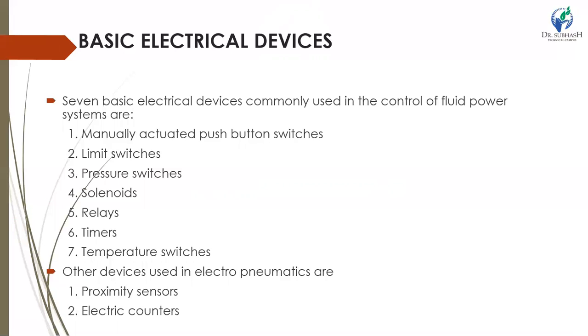chapter. Okay, so for basic electrical devices there are seven devices commonly used in controlling fluid power systems. First, the manually actuated push button switch, then limit switches, pressure switches, solenoids, relays, timers, and temperature switches.